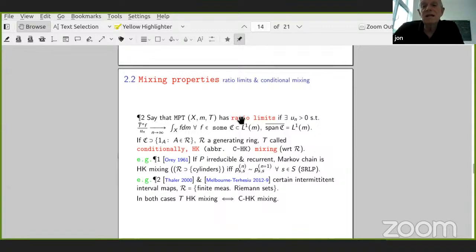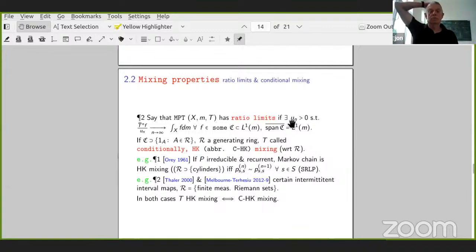The first thing we do is say it has ratio limits if there's some normalizing constant, so that T-hat^n F divided by u_n tends to the integral of F for every F in some collection whose closed span is equal to L1, should generate L1. If it contained the indicators of some sets in a ring, which is a generating ring, then we would call T conditional HK mixing, CHK mixing.